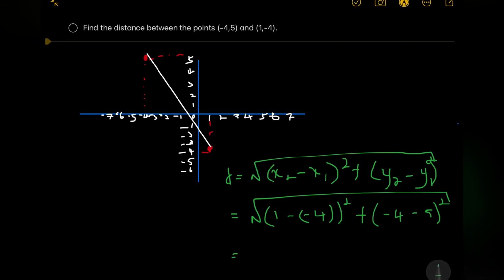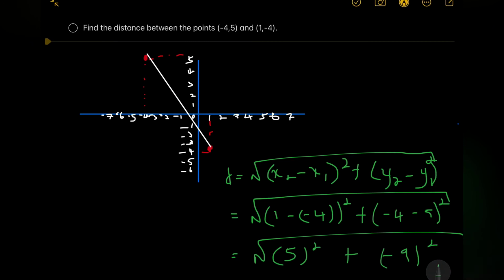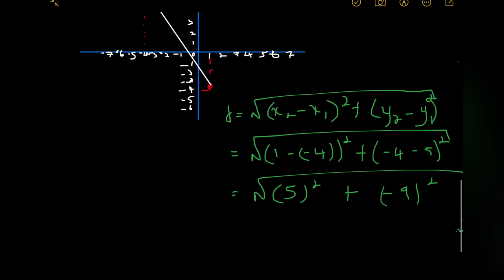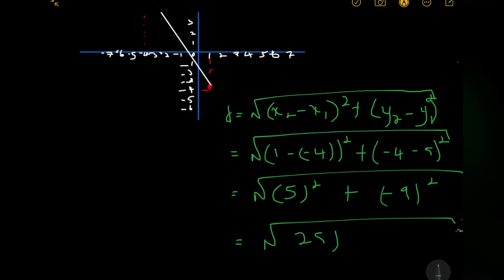Now when we simplify what's under the square root, we have 5 squared plus negative 9 squared. Five squared would be 25 plus 9 squared would be 81. When we add these, we get the square root of 106.